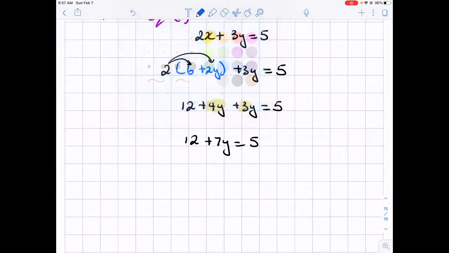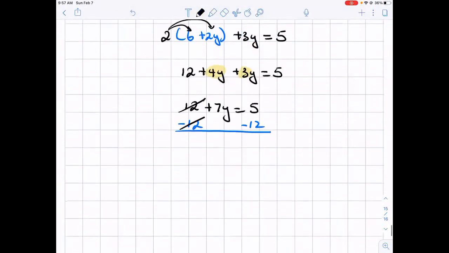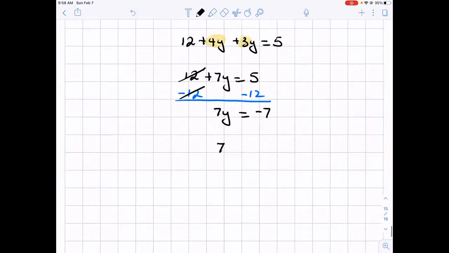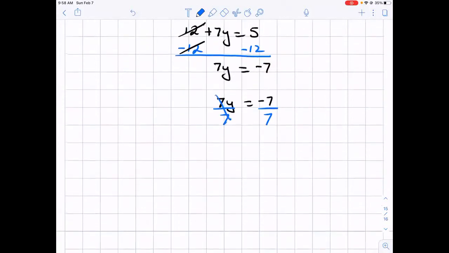And to get y by itself, we'll minus 12 on both sides. And if we do this, the plus 12 and the minus 12 becomes 0. So I have 7y is equal to minus 7. And to get y by itself, we will divide both sides by 7. So we have y is equal to minus 1.